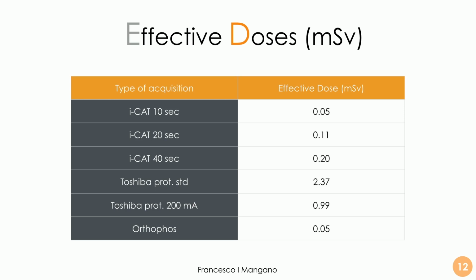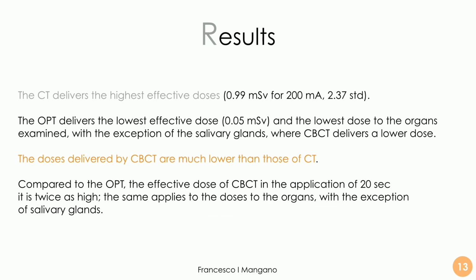Obviously, the Toshiba, with the standard protocol but also with the 200 milliampere protocol, was much higher in terms of effective doses. The result from this first evaluation was that the medical CT delivers the highest effective doses with the two different protocols, and the doses delivered by cone-beam computed tomography were much lower than those of computerized tomography.